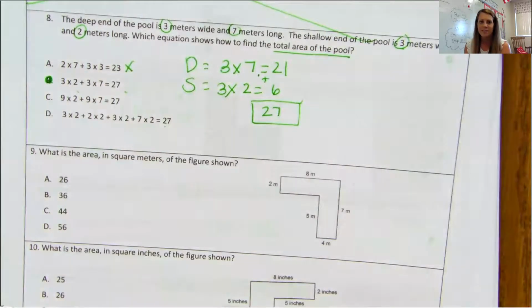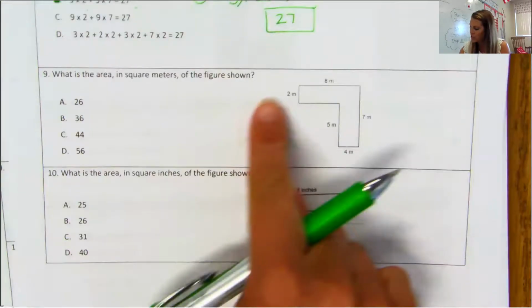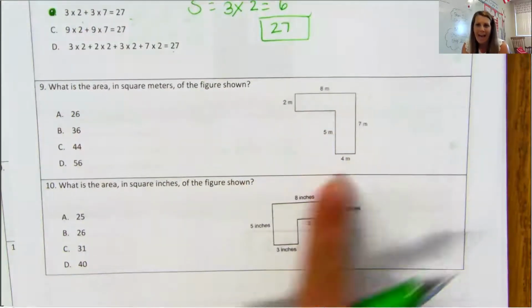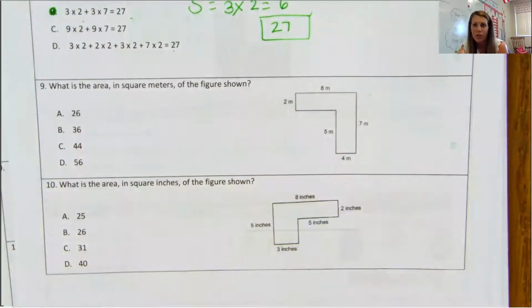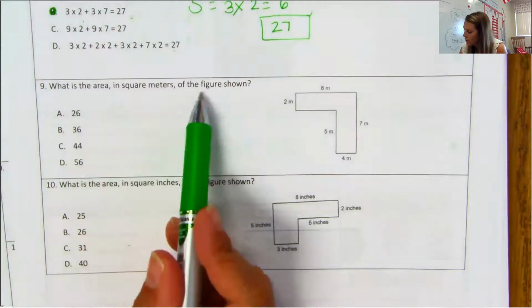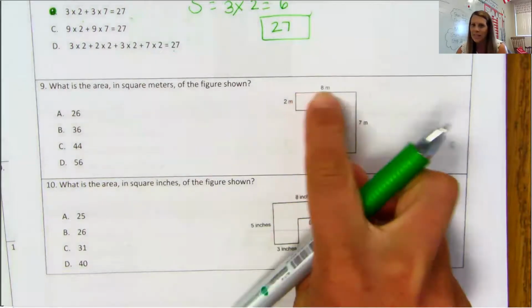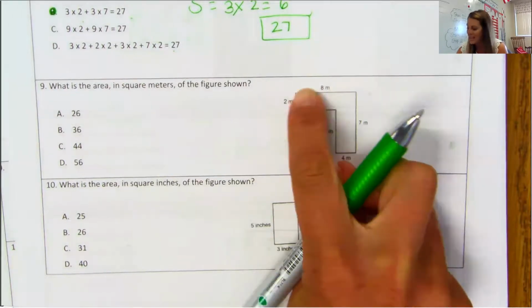Okay, friends? All right, the last two have those odd shapes, but they don't have the area. So we're going to have to dissect it and make it into 2 shapes, okay? So what is the area in square meters of the figure shown? There's different ways that you can split it up, but I know the length here is 8.